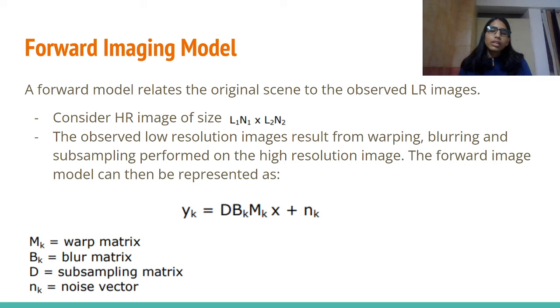So thus we can write the forward imaging model by this equation. Here x is the high resolution input vector and yk is the low resolution image vector, Mk is the warp matrix, Bk is the blur matrix, D is the subsampling matrix, and nk is the noise vector.